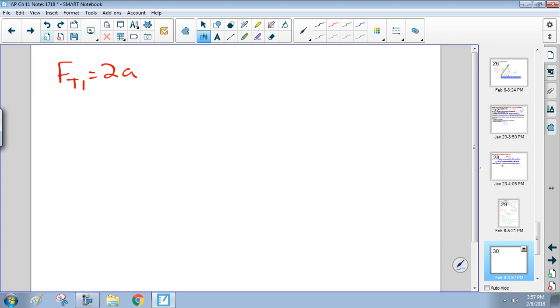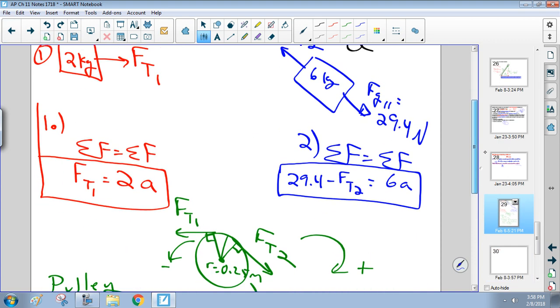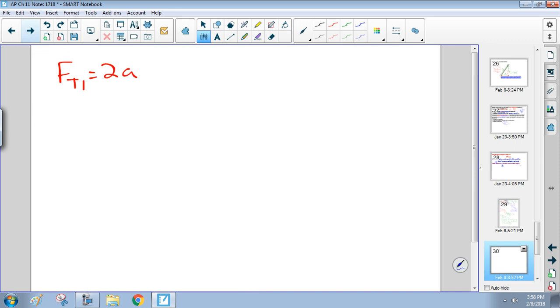Blue equation was, oh shoot, how did I write it? I'm going to solve it for force of tension 2. So I'm going to add force of tension 2 and subtract 6A. That gives me force of tension 2 equals 29.4 minus 6A.